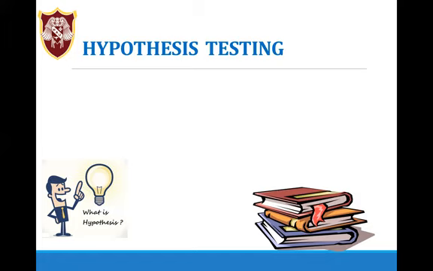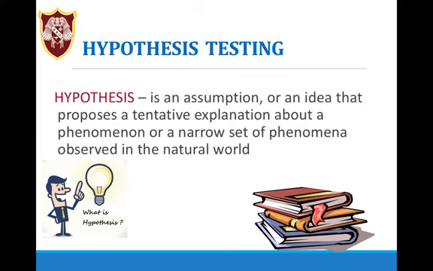The researcher formulates a specific hypothesis, evaluates data from the sample, and uses this data to decide whether to support the specific hypothesis. A hypothesis is the assumption or idea that proposes a tentative explanation about a phenomenon or a narrow set of phenomena observed in the natural world.